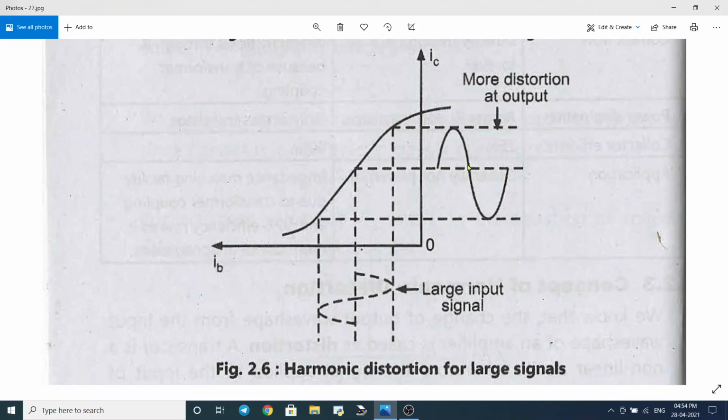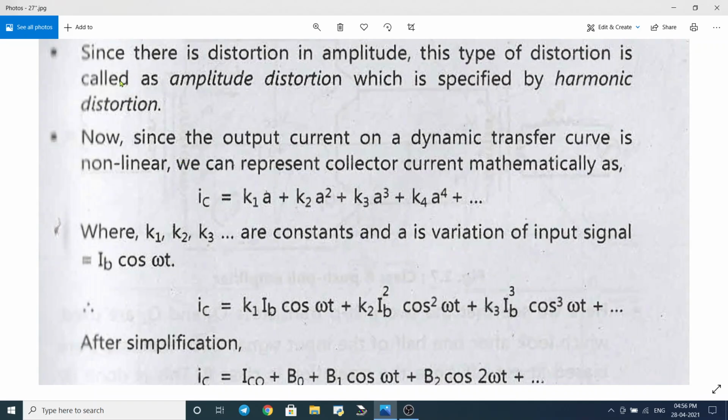One of the amplitudes becomes smaller, and the other becomes larger and larger, and this causes the distortion, which is also called amplitude distortion, unequal positive and negative peaks. Since the distortion is in the amplitude of the output signal, it is called amplitude distortion.